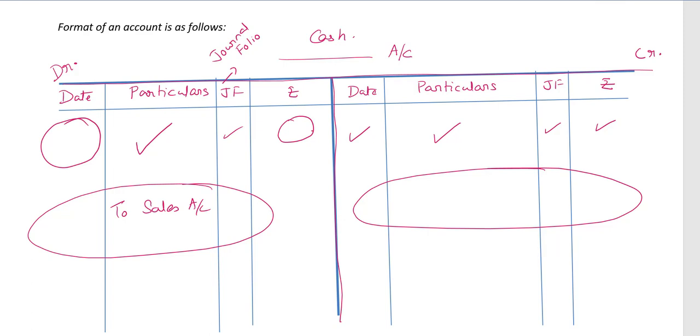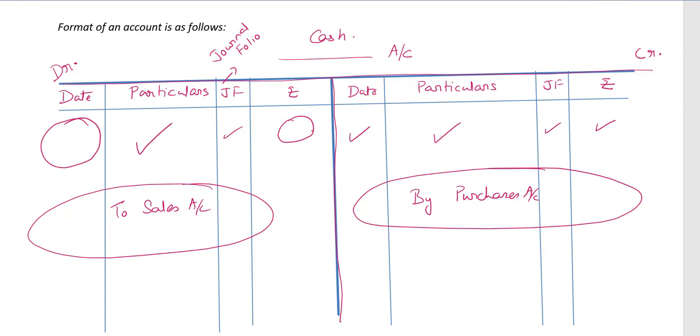I have debited the cash account with sales account. Similarly, if I write on the credit side by purchases account, I am said to have credited the cash account with purchases account. So, when we write an item on the debit side, we are said to have debited the account. And when we write an item on the credit side, we are said to have credited the account.